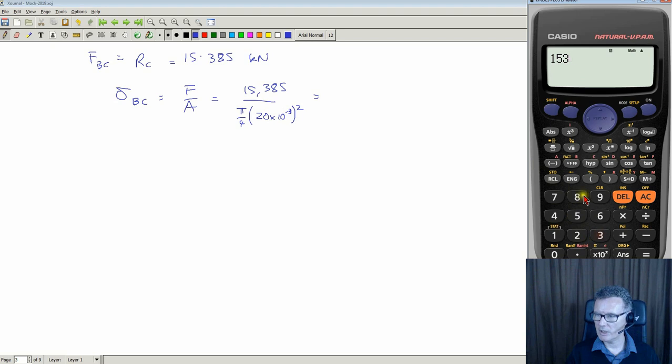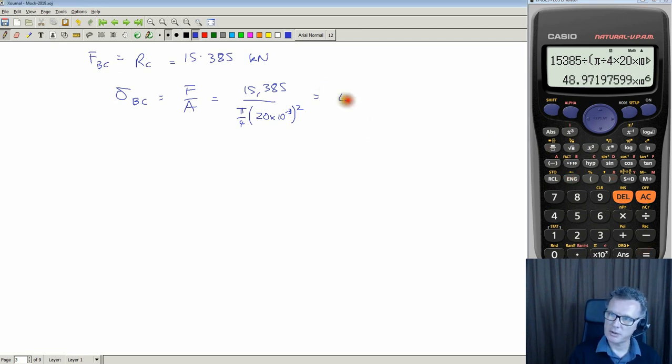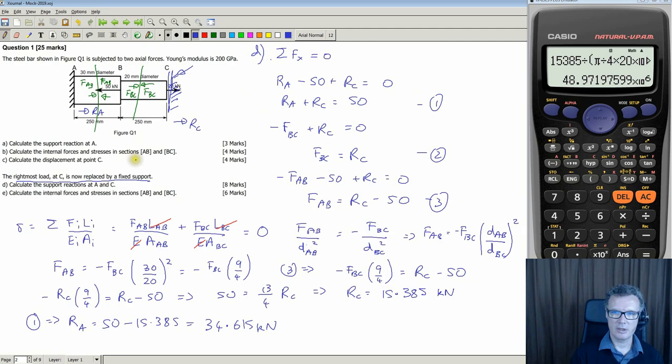So 15,385 divided by pi divided by 4 times 20 times 10 to the minus 3 squared. So that's a stress of 48.972 megapascals.